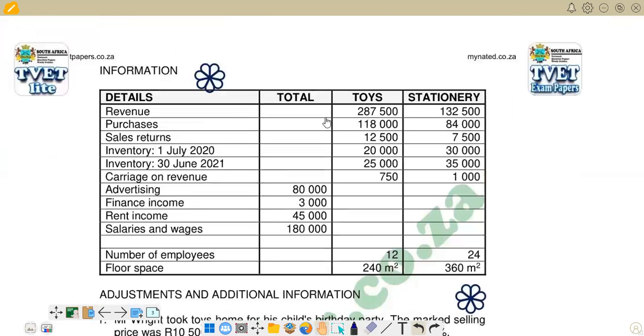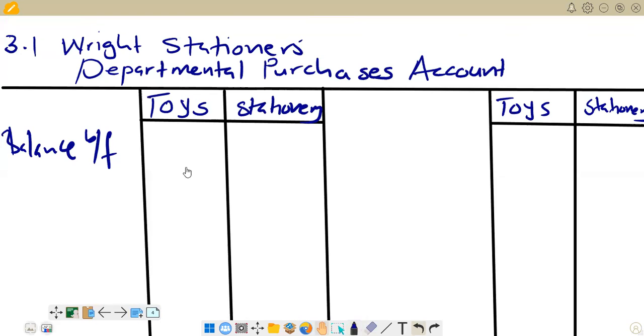You see that for purchases, we've got for toys 118,000, for stationery 84,000. So these are the balances that we are going to start with on the debit side of the purchase account. So we can go and enter those figures. We are saying on toys, we've got 118,000. And then for stationery, we've got 84,000.